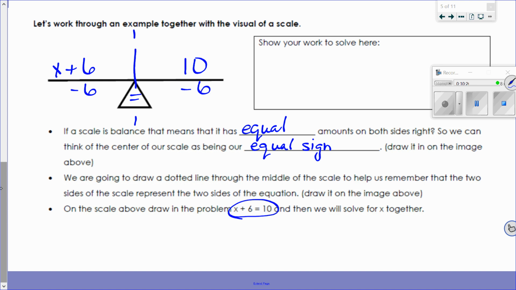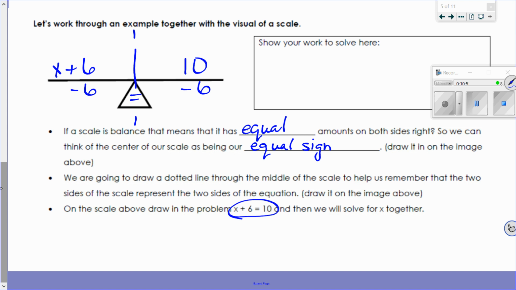So if I take 6 off both sides, would my scale still be equal? Why not? Because if you take it off the 10 it'd be 4, but you don't know x, so it could be like 3 or like 5. Good. But before you go there, Kaden, think about this. Is my scale equal right here at x plus 6 and 10? If it's flat, is my scale equal?